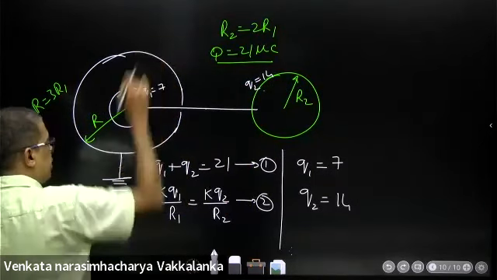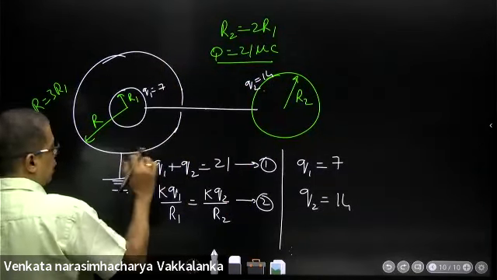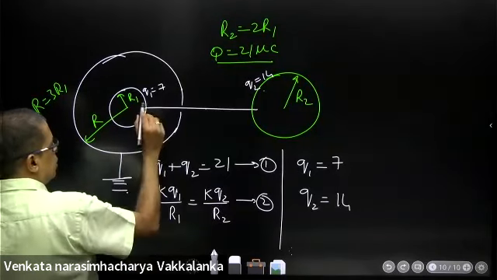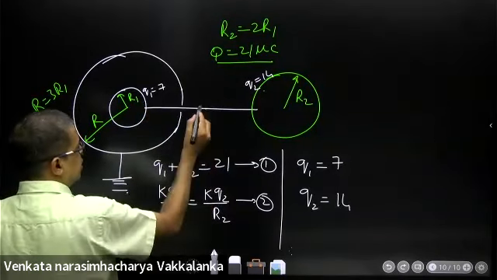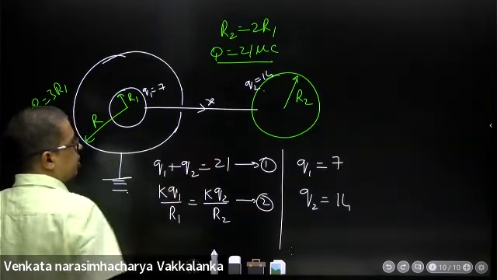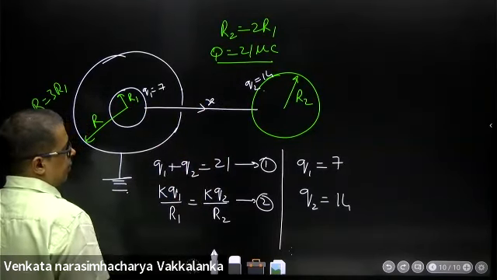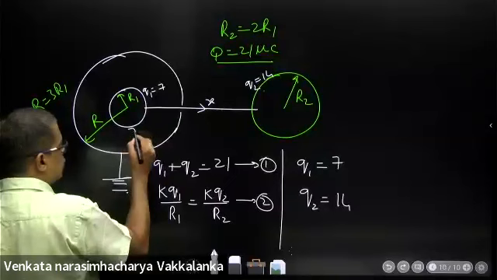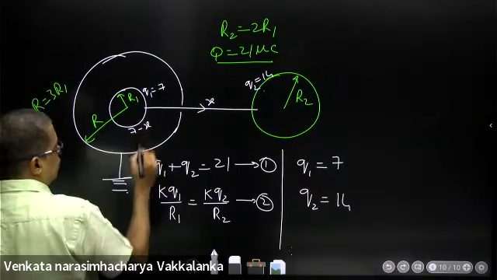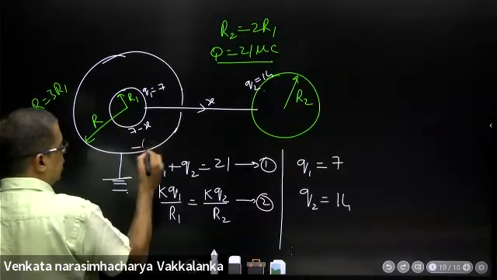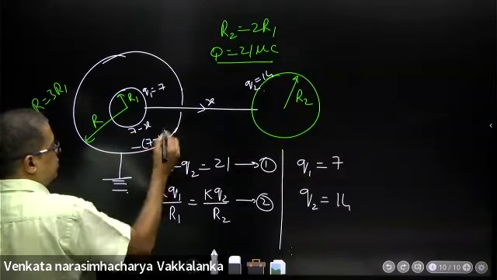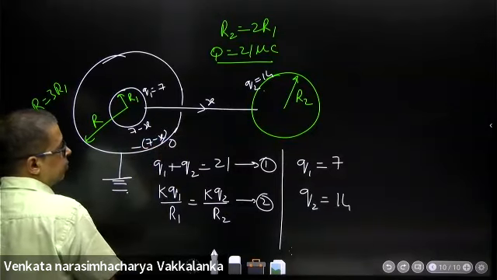Now, when I keep it inside the sphere, grounded sphere, this and this may readjust any charge. I'll take X charge going towards the sphere. So the charge on this will become 7 minus X. Charge on this will become minus of 7 minus X, and this will be 0.